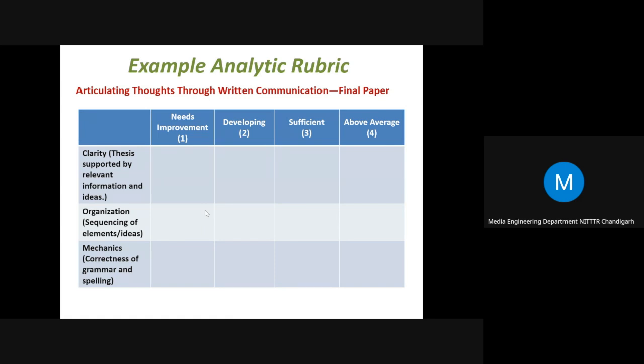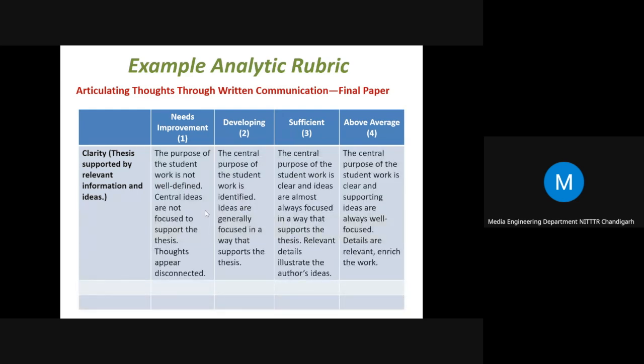If it matches, then we'll award above average for clarity. Then we'll go to the second criterion and check whether sequencing is as per above average. Now, how do we check whether sequencing or clarity is above average? For that, we need the performance description. So we refer to the performance description for that criterion and for each performance level, like above average.